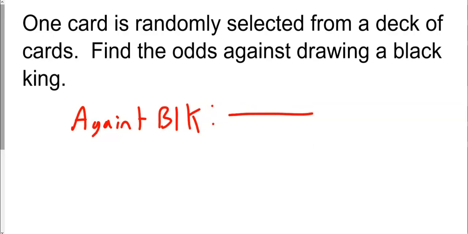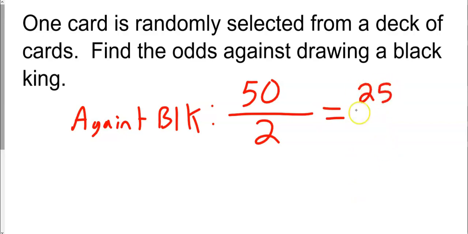So how many ways can we win by drawing a Black King? Well, how many Black Kings are there? There are 2. The King of Clubs and the King of Spades. How many ways can we lose? There are 50. Because 52 minus 2 is 50. And if we reduce this down, the odds against drawing a Black King are 25 to 1.